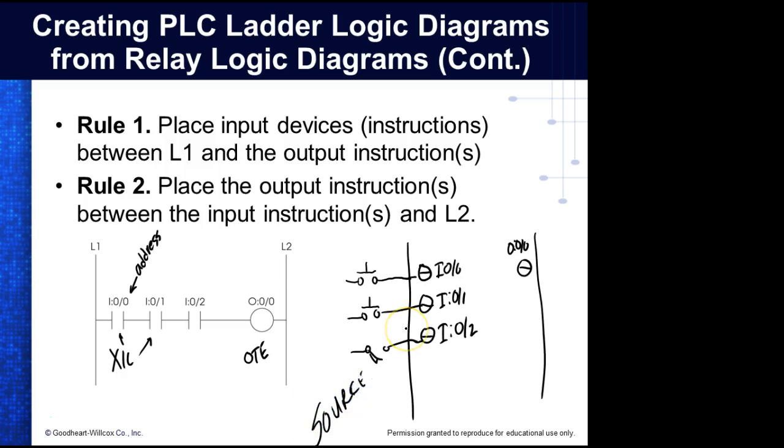We need a source, so we have to establish a common. This is what we have to talk about in our book. We'll have one of the leads up here, a terminal called common.